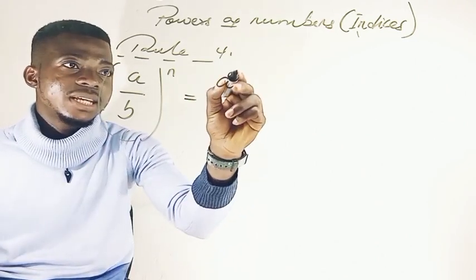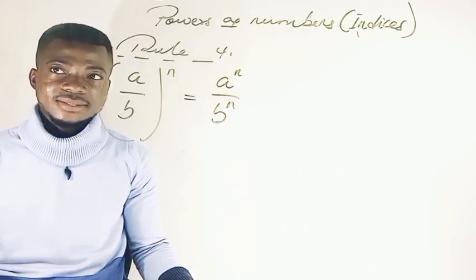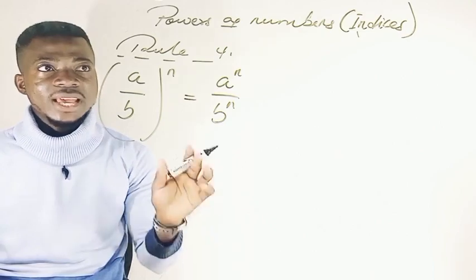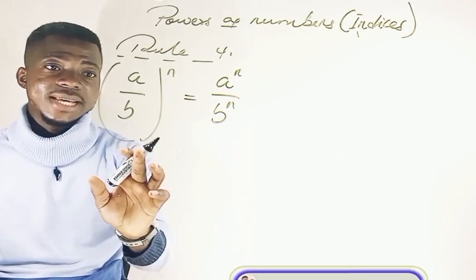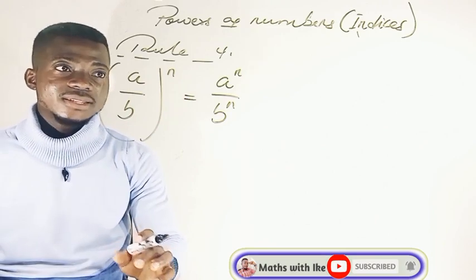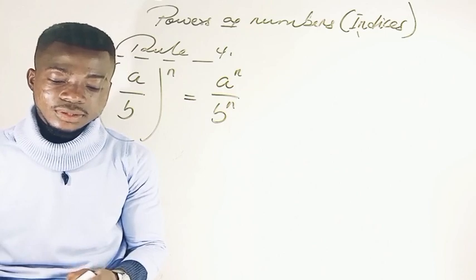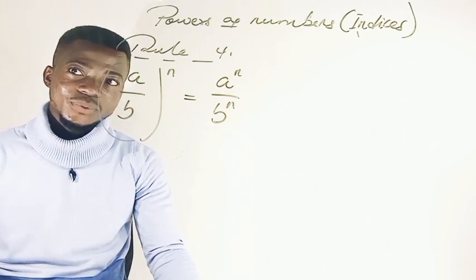It's the same as a exponent n, b exponent what? N. Simple as that. If you have a quotient like this of two numbers with an index, then we can write them in a different form like this, okay? And there we go, right?